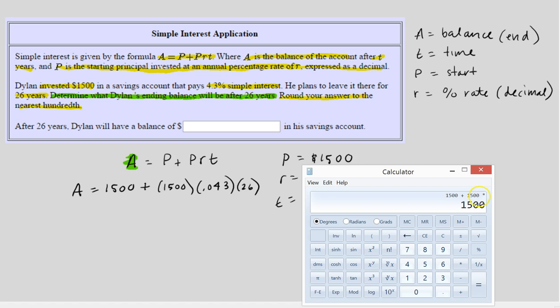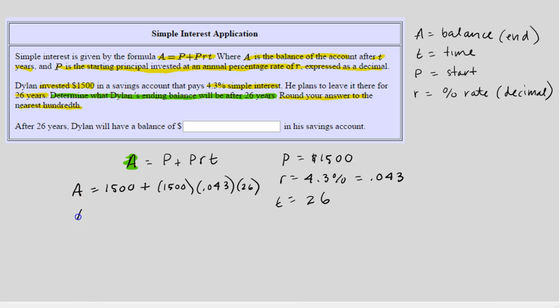Your scientific or graphing one will, but if you have a calculator like this, you'll need to put multiplication times 0.043 times 26. Now I'm going to hit enter and I get 3,177. So that's our final result.